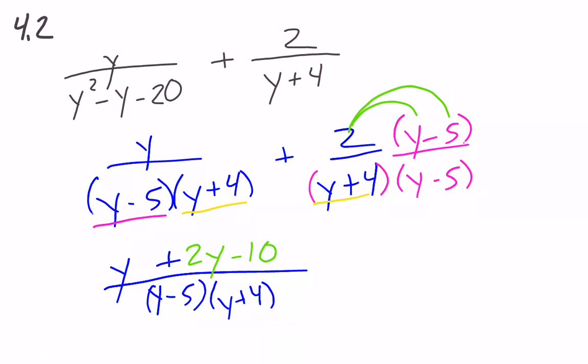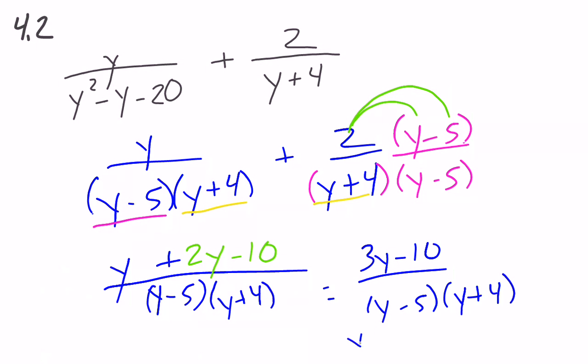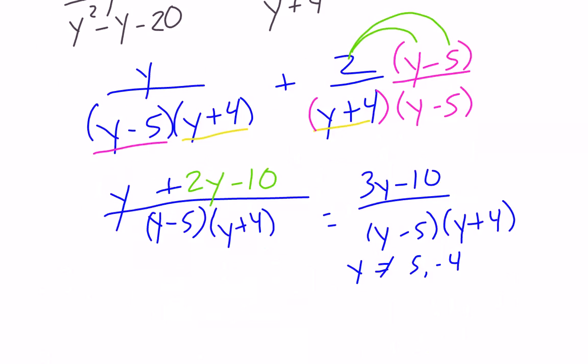And then I simplify. So that would give me 3y minus 10 over y minus 5, y plus 4, and that's my final answer. Technically, I should say y can't be 5 or negative 4. And that's all we have to do.